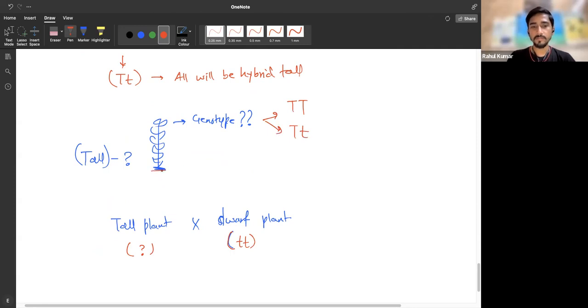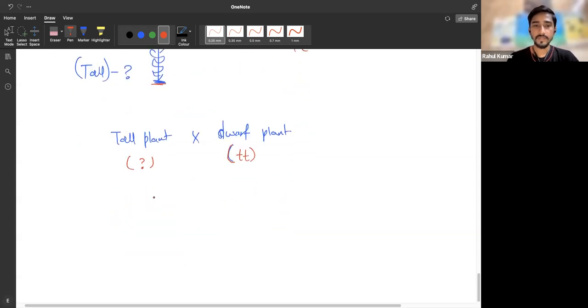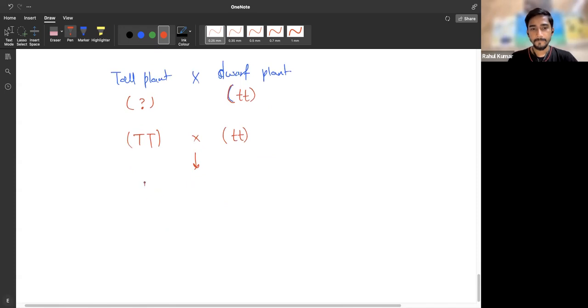But just by looking at the plant, how do we say that? We cannot say that. So if I take any plant, and let's say it was this one, when I cross it with a dwarf plant, in the next generation I will get this: on one side it's capital T, on the other side it's small t.